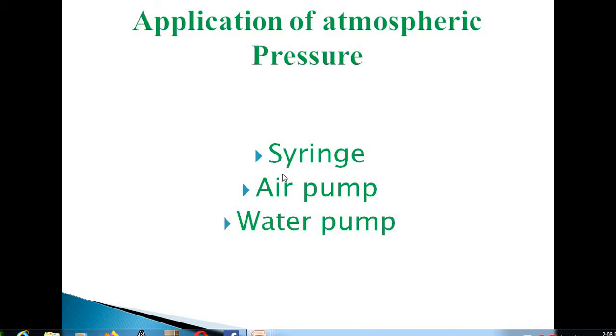You know that all these three instruments are based on applications of atmospheric pressure. Okay, let's talk about the syringe.